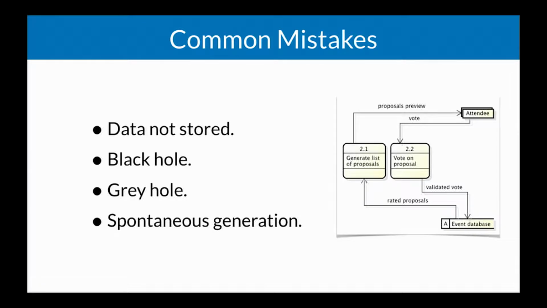These are much trickier to spot, but if you take enough time to reread what you designed, then you'll be fine. And then we have spontaneous generation. It's also called a miracle, and it's an actual technical term. Miracle is when nothing goes in, but somehow data comes out. Just spontaneous generation, yes. So that's another problem you may have. So you might think, oh, well, I have all of this data that I need to store, or that I need for some other process, but I don't have that data.